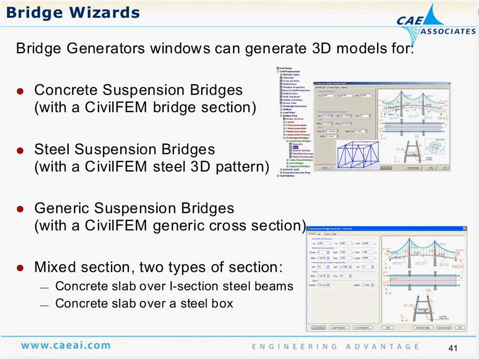A couple of examples just show the GUI layout of a couple of different suspension options. They can be steel, they can be concrete. You can use the existing concrete slabs that you create, or you can use a mixture. So very general capabilities, but also very quick automation to generate a bridge definition with a very small number of inputs.